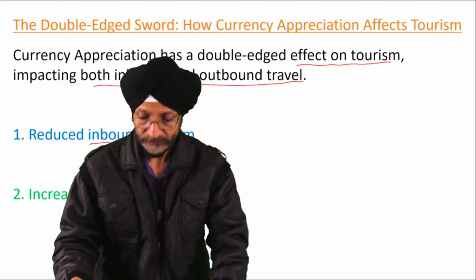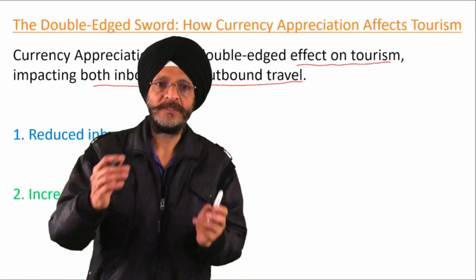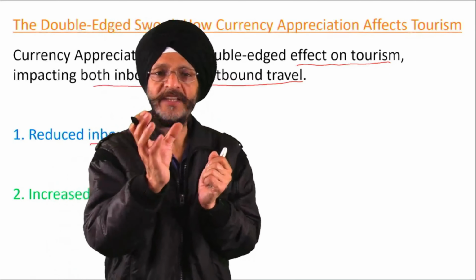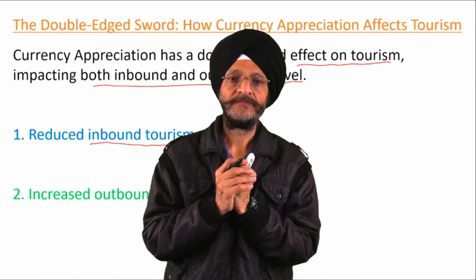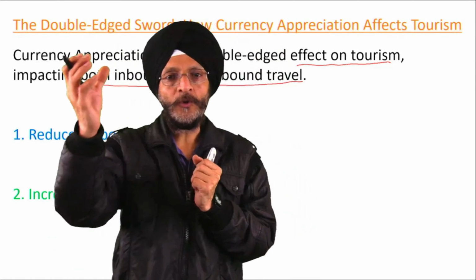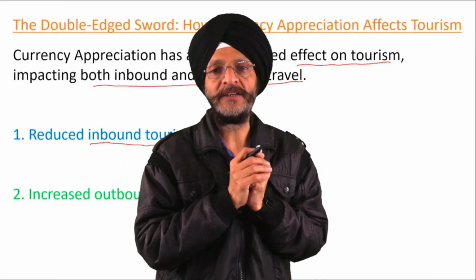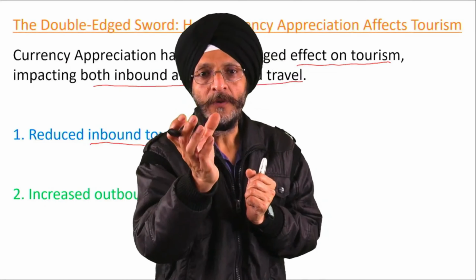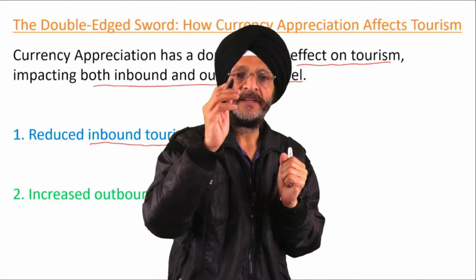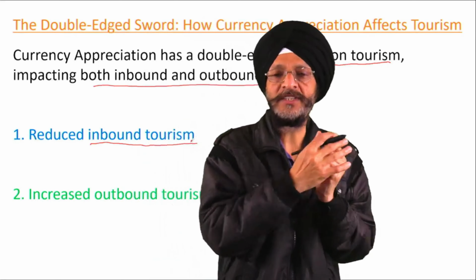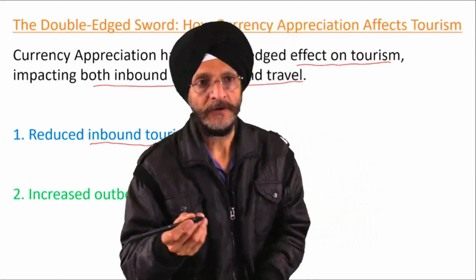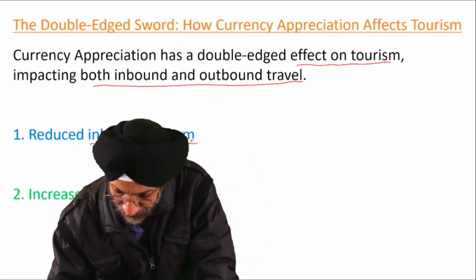Why? Because when the currency of a country appreciates, the foreign people who are visiting that country will have to pay out more for their accommodation, food, etc. We will understand the same with the help of an example.